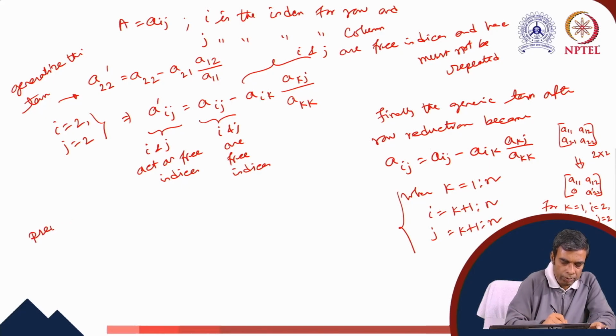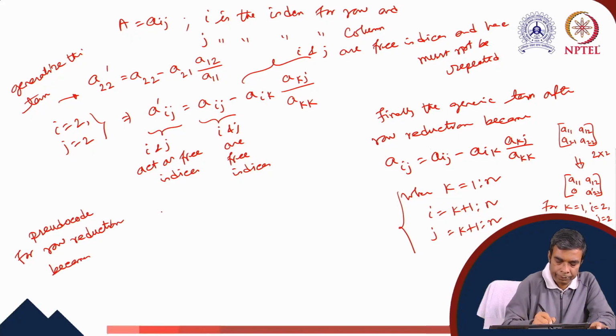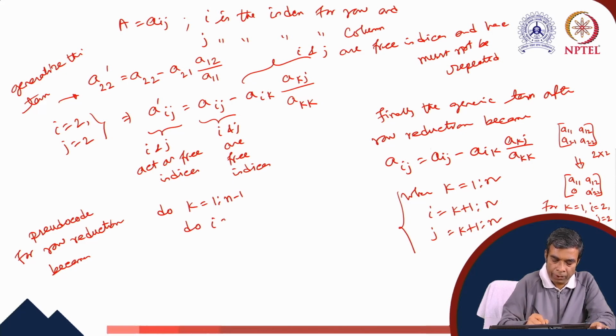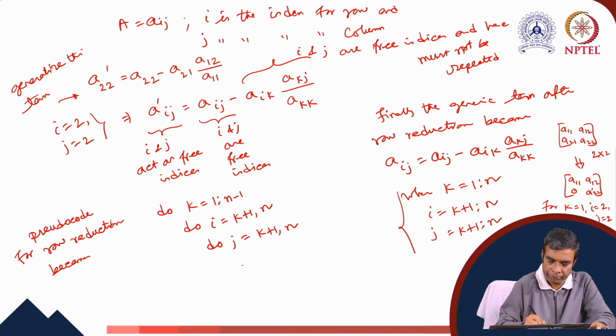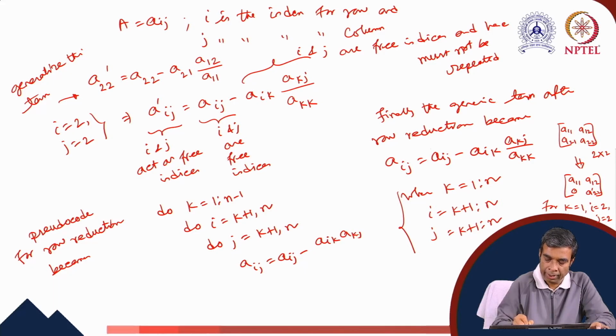So pseudocode for row reduction becomes: do k equals 1 to n minus 1, do i equals k plus 1 to n, do j equals k plus 1 to n, Aij equals Aij minus Aik into Akj by Akk.